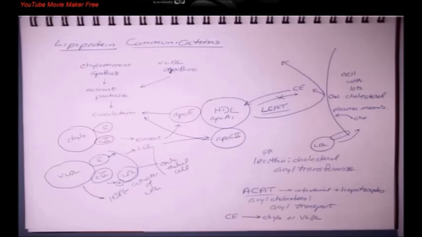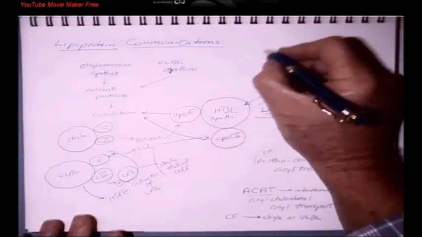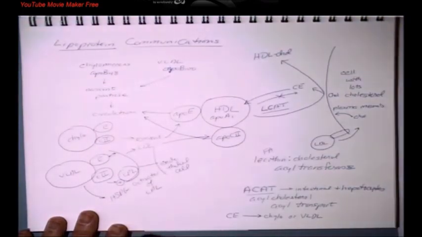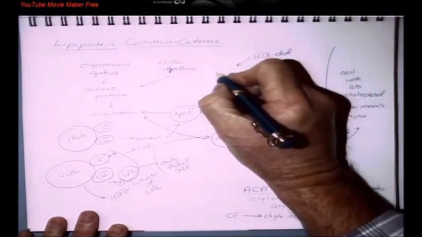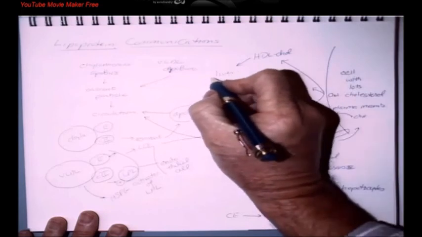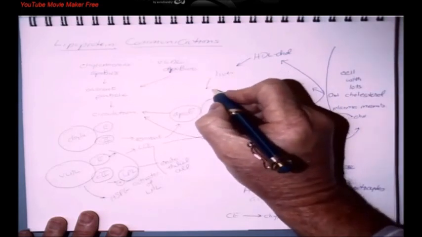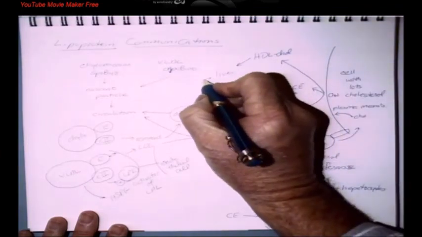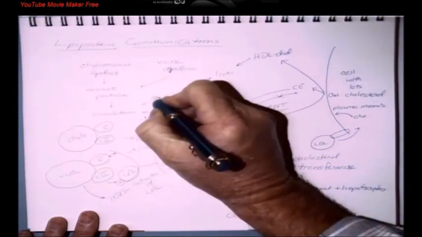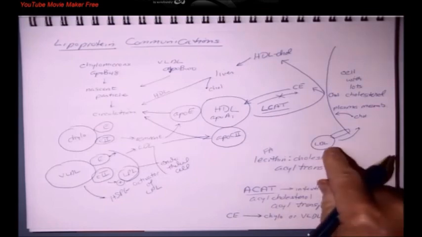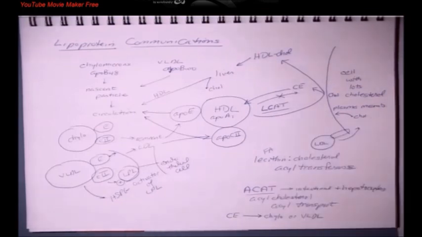Okay, so now the HDL, once you have the HDL particle loaded up with cholesterol, this is going to go to the liver. The liver extracts the cholesterol and it takes the HDL particle and sends it back into the circulation for additional rounds of reverse cholesterol transport.